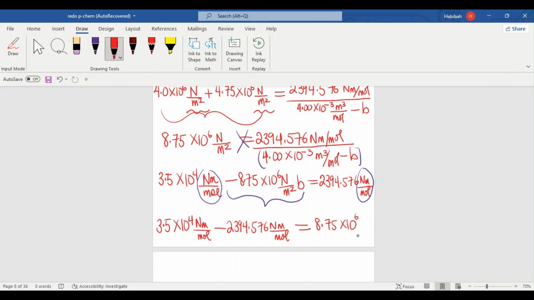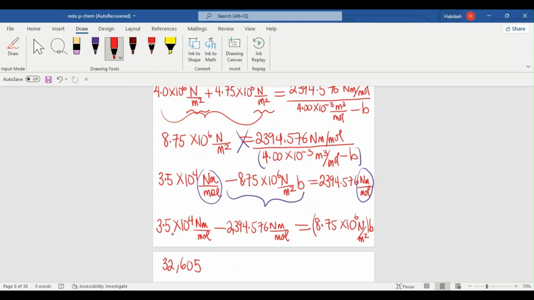Newton per meter squared, and then of course the B, our variable. So, of course, when you do this, you end up with 32,605. By the way, this is 3.5 times 10 to the power of 4, minus 2,394.576.